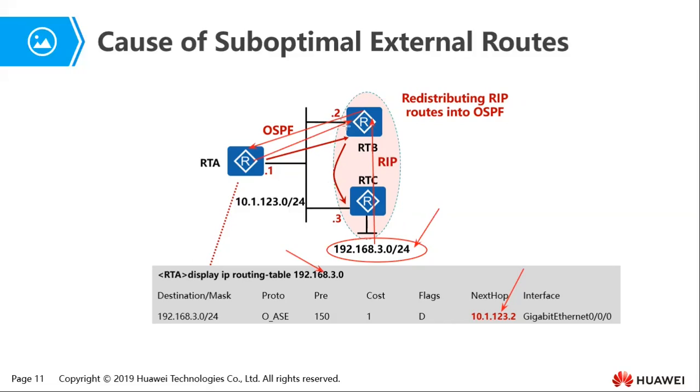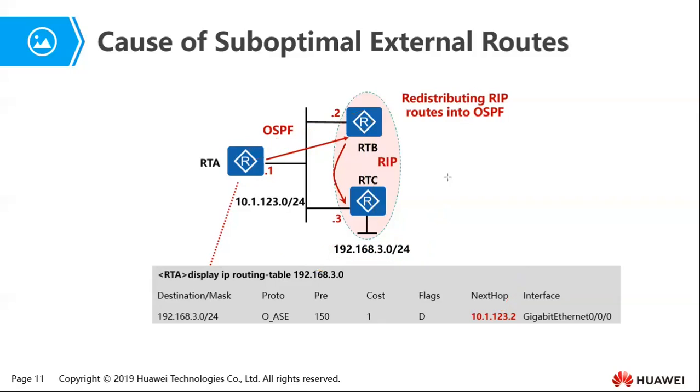So it will forward it to RTB, who is the ASBR within that OSPF domain. Then RTB will forward it to RTC, and RTC will deliver it to that network segment which it's connected to.